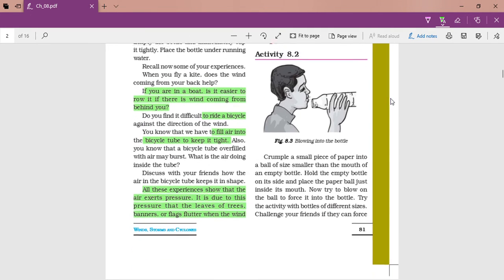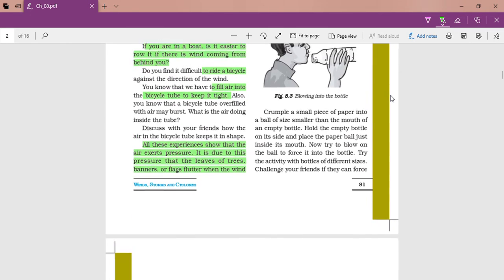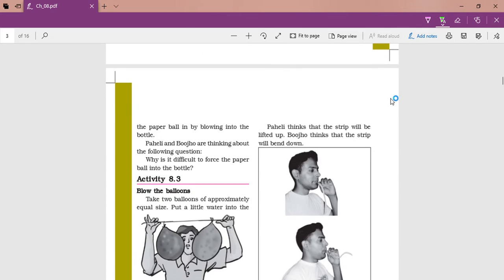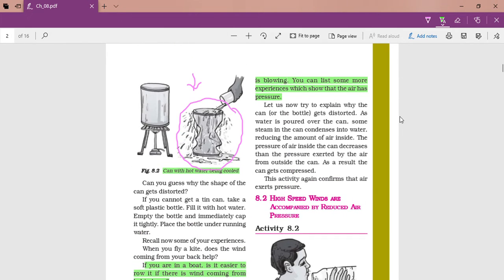Now, what is the importance of air pressure? First, it creates wind. The difference in atmospheric pressure gives rise to the wind on the earth. It influences weather. Air movement, that is, downward or upward movement of air caused by differences in pressure, creates the cloudy and clear sky, and brings rain or fine weather.